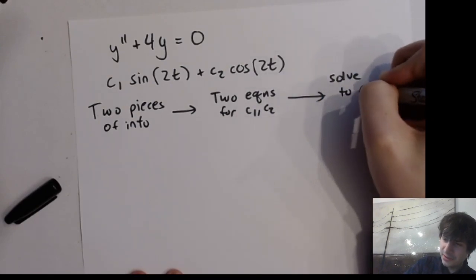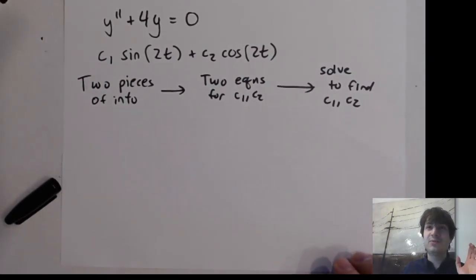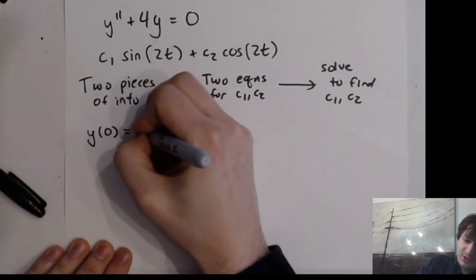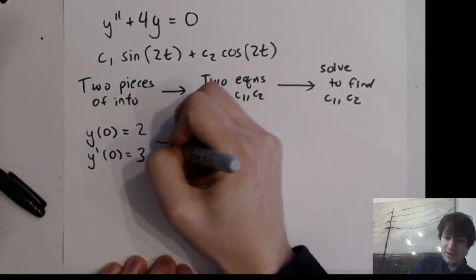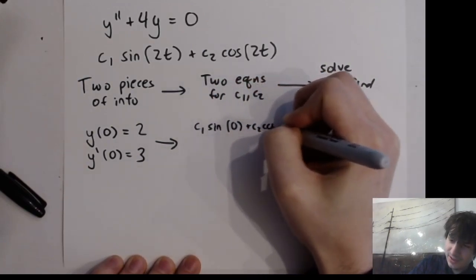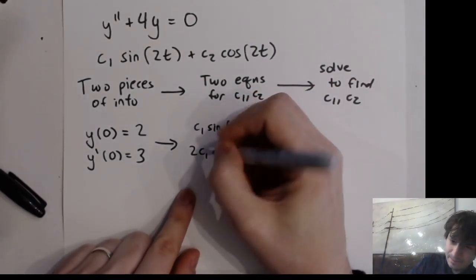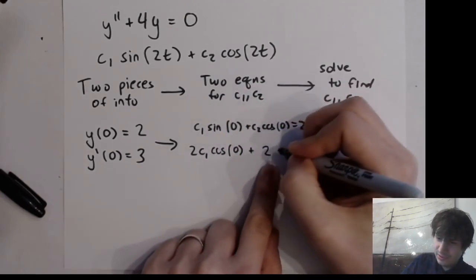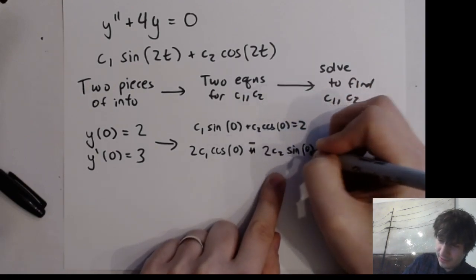To find c1, c2. And so everything we've done in the course so far, we've always given you initial value problems. So we say y of 0 equals 2, and y prime of 0 equals 3, and that turns into the equations c1 times the sine of 0 plus c2 times the cosine of 0 equals 2. And then when you do the derivative, you get 2 times c1 times the cosine of 0 minus 2 times c2 times the sine of 0 equals 3.